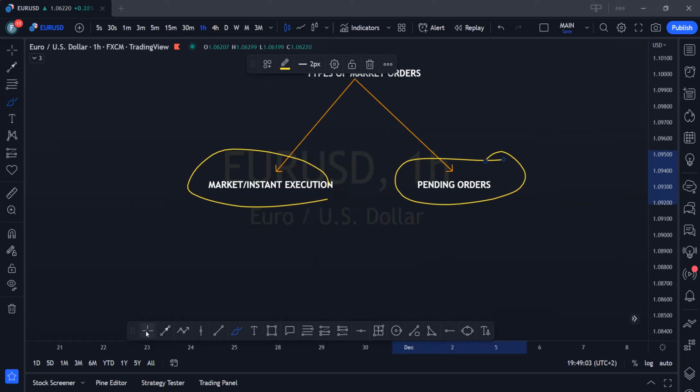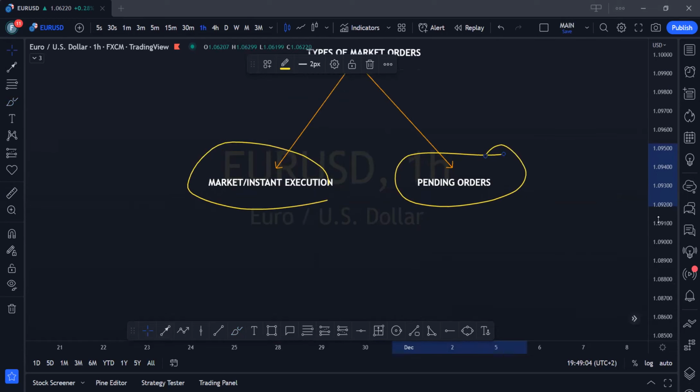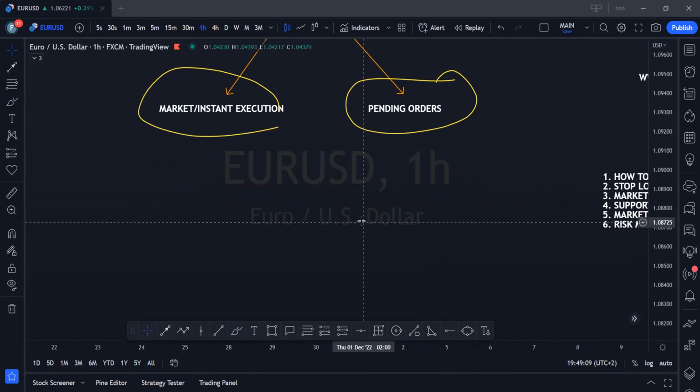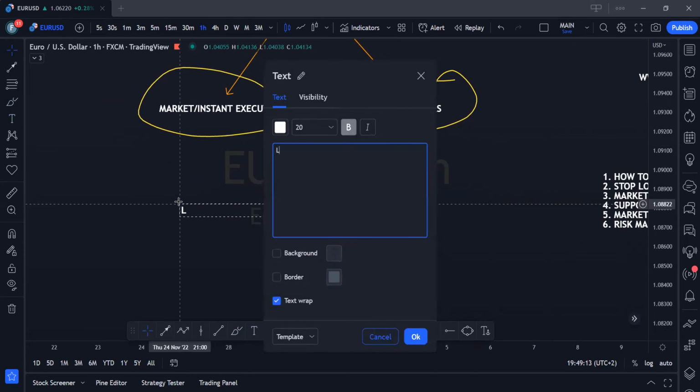So let's go a step further. There are 4 major types of pending orders. Two categories: we have limit orders, and then we have stop orders.